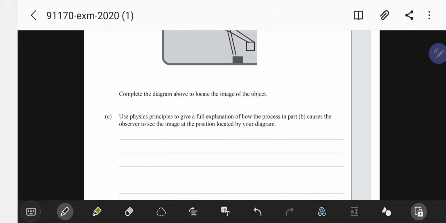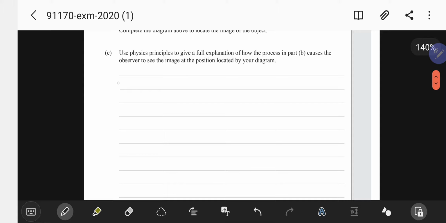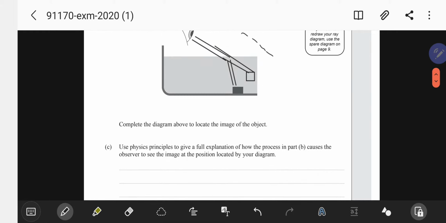Use physics principles to give a full explanation of how the process in part B causes the observer to see the image at the position located by a diagram. Okay, so what we can say is, I'm not going to go too in depth, but I'm going to try to cover as much as I can.